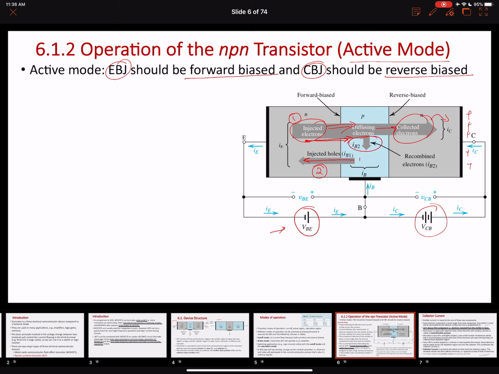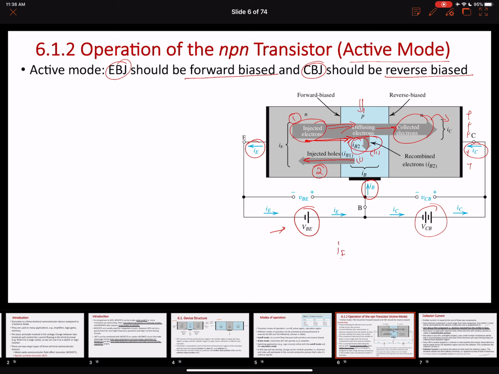One is the same component as in the emitter current, which is the injected holes from the base to the emitter, and the second component has to do with the holes drawn from the external circuit, equal in number to the holes that were lost due to the recombination process in the base region, equivalent to IB2. So that is why these are the directions of the current flow. We have an IB direction over here, IE and IC over here.